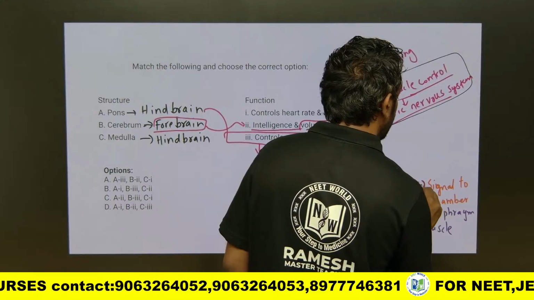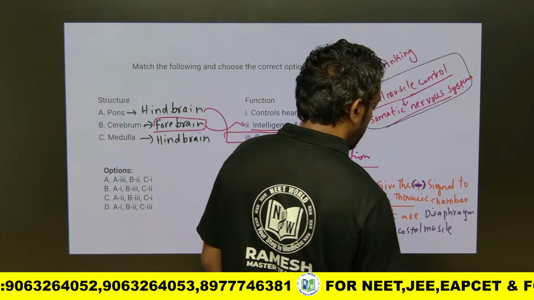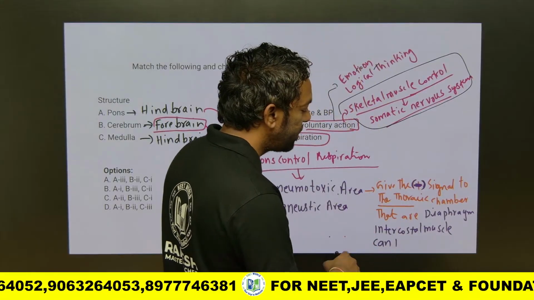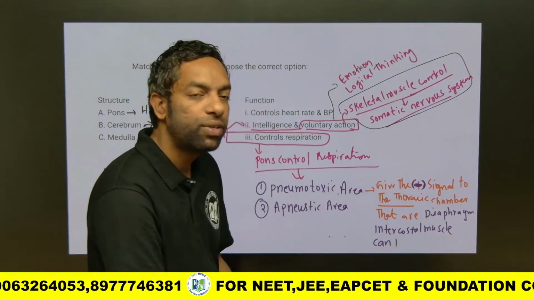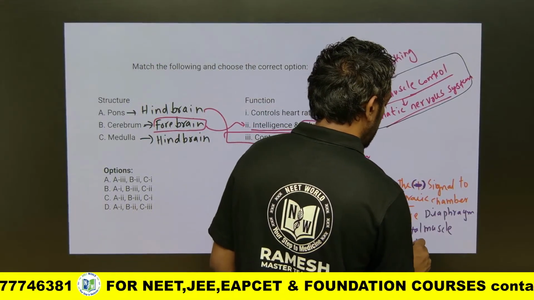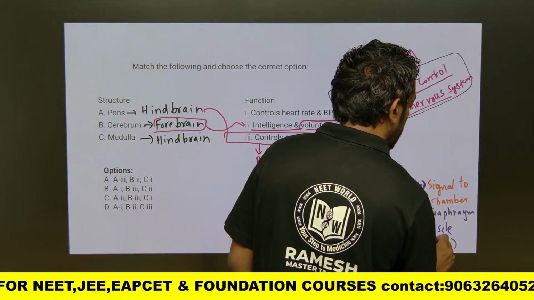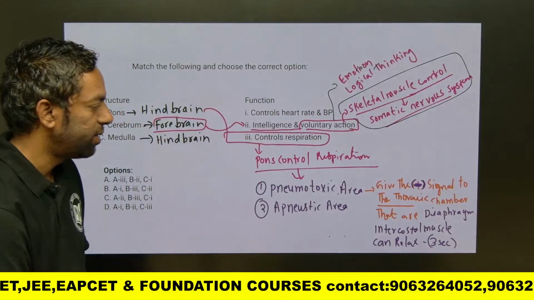Sorry, not positive signals, it is negative signals. If the pneumotaxic area sends negative signals, the diaphragm and intercostal muscle can relax. It is about 3 seconds.